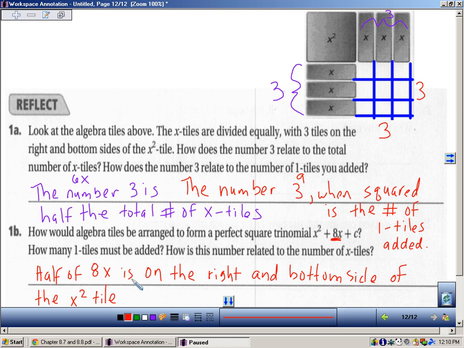Okay? Now half of 8x is on the right and bottom side of the x squared tile. I get that. So half of 8 would be 4x. Okay?